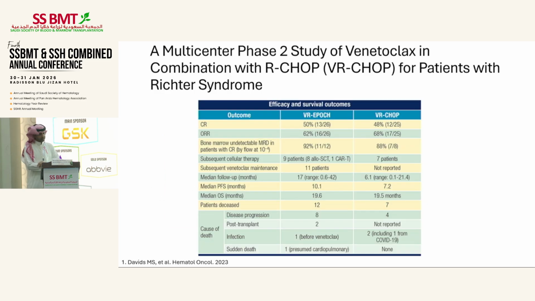And you can see the CR rate between the two groups is actually similar. In fact, this is a record CR rate. You don't achieve that CR rate with R-CHOP alone. And then this translated into an impressive overall response rate of around 70%.